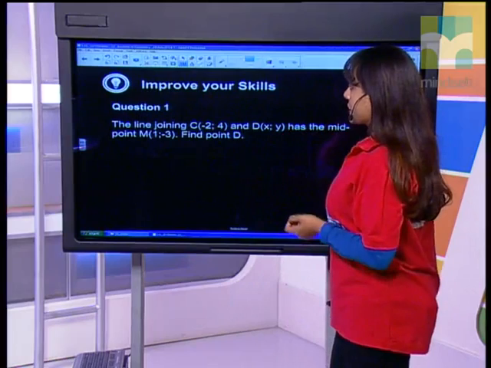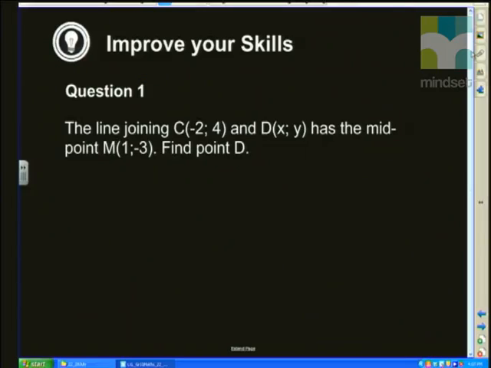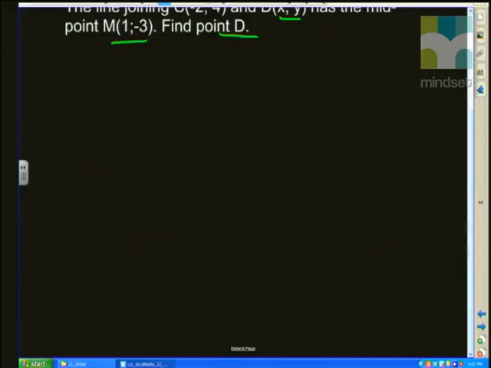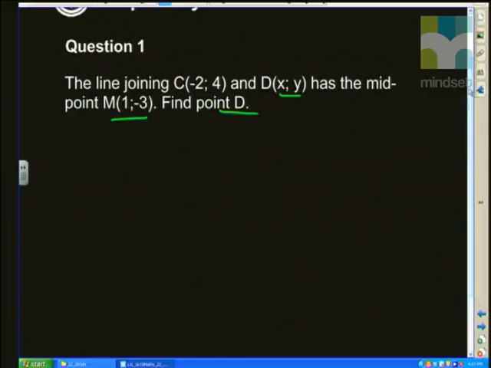Here you're given the line joining point C, -2, 4, and D, x y, which has a midpoint of M at 1 and -3. Find point D. Let's see what you've been given here. I'm just going to do a rough sketch.